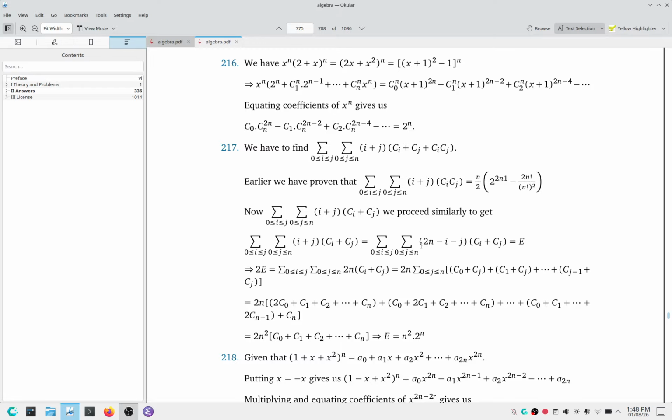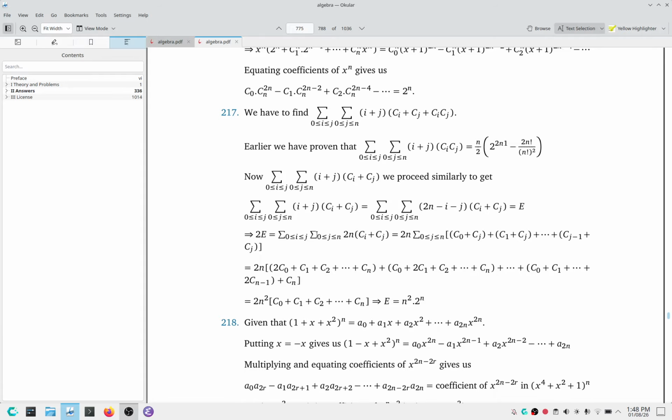So this we can write as the sum of (2n - i - j)(Ci + Cj) is equal to E. Now we add these two. What we get is 2E is equal to, the sigma will remain, and 2n times (Ci + Cj). One sigma is evaluated: (C0 + Cj) + (C1 + Cj) up to (C(j-1) + Cj).